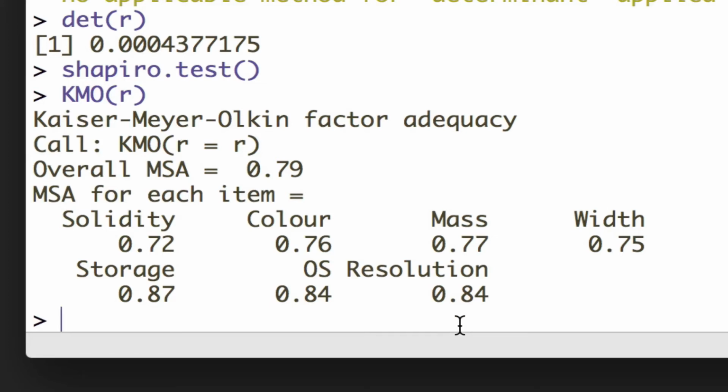So we now need to do our actual principal components analysis. Now, the procedure is to run a base analysis that has the same number of components as there are variables.